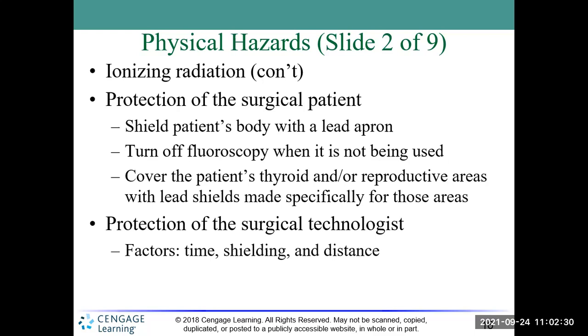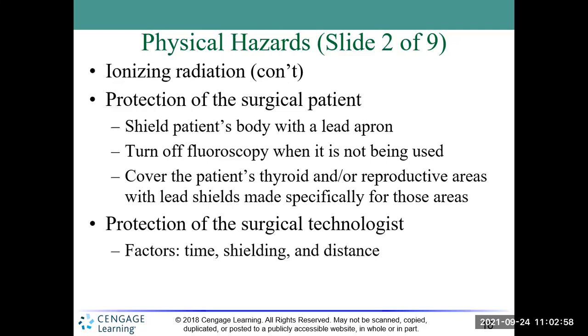Anytime that the X-ray is not needed, that the fluoroscopy is not needed, then the fluoroscopy scope should be turned off when it's not being used, so it's not continuously emitting that radiation. Covering the patient's thyroid and reproductive areas with lead shields. They're made specifically for those areas. The shape of them is perfect for those areas to provide the broad range of protection that is needed.